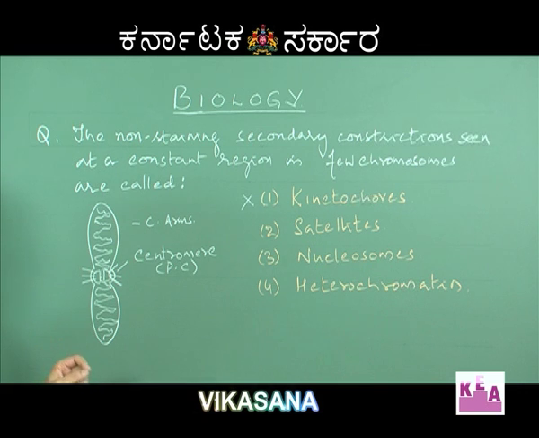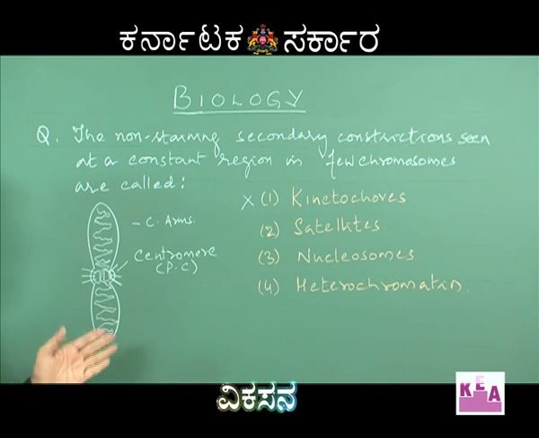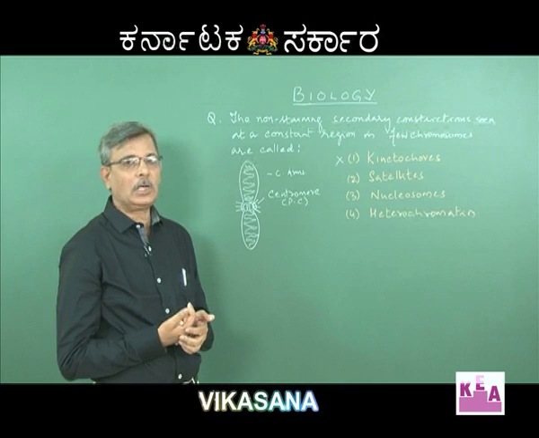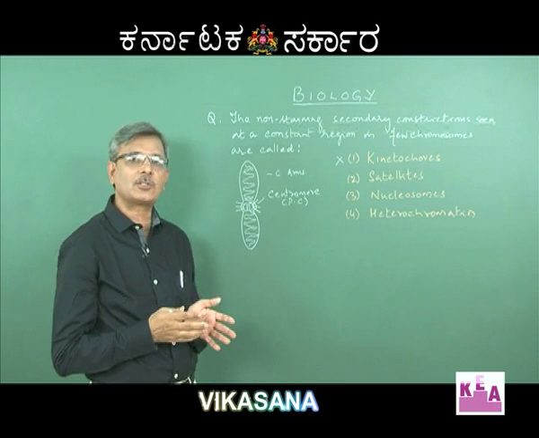Remember, kinetochores are associated with separation of chromosomes, as the duplicated chromosomes are held by a common centromere, and the centromere splitting is going to help in moving a part of replicated chromosome that happens during the anaphase. In case of mitosis, anaphase; in case of meiosis, anaphase 2.